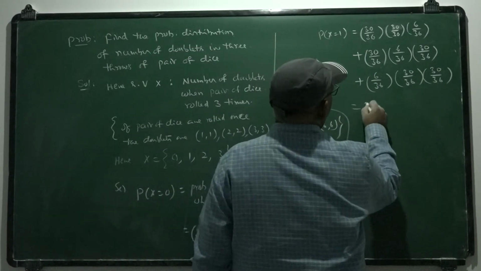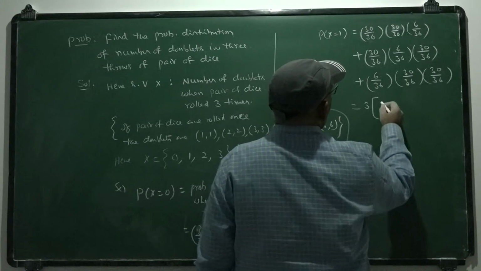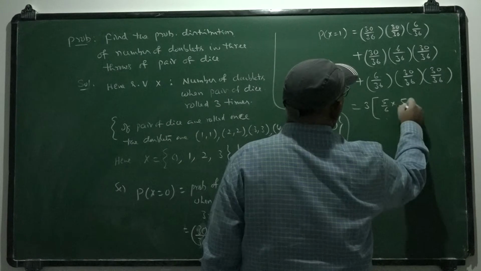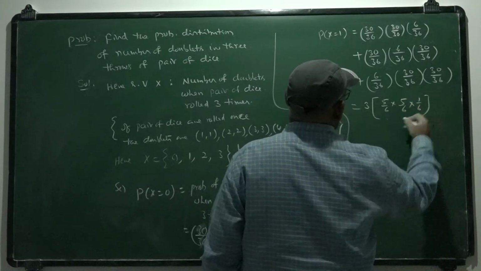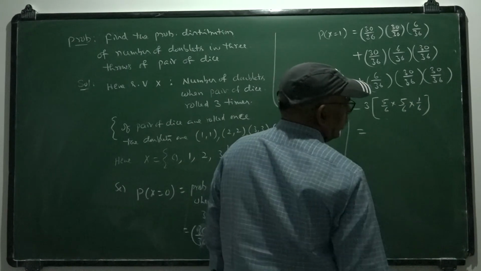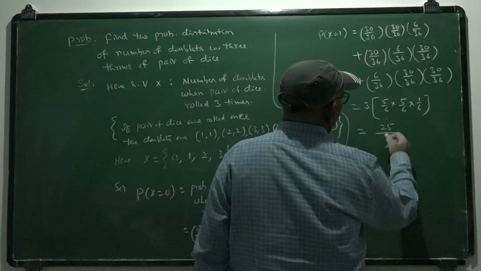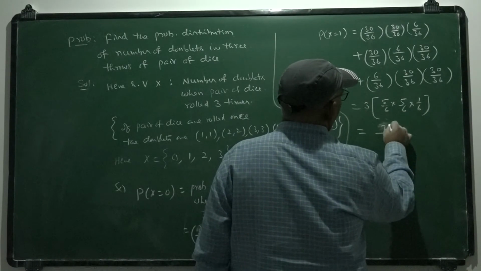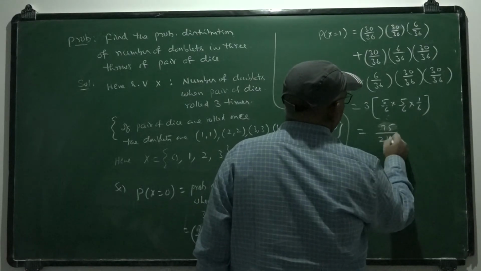That is 3 times 30 by 36, that is 5 by 6 into 5 by 6 into 1 by 6. So this is 25 into 3, 75 by 216.